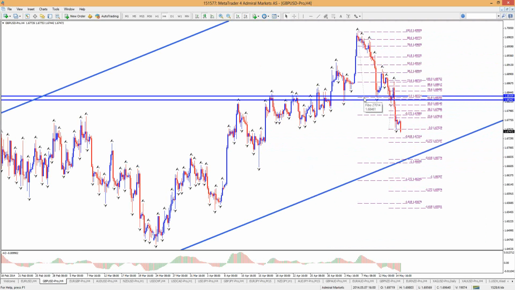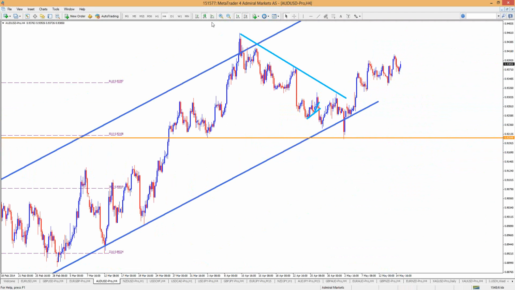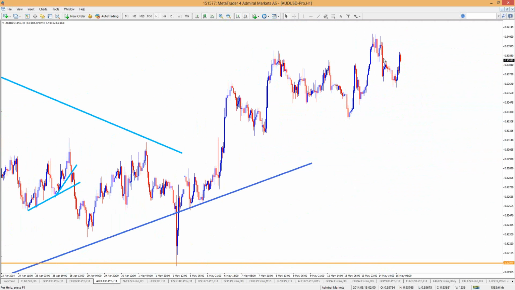And Bob is saying AUD/USD and AUD/JPY look close to being in the trigger. So let's take a look at those. AUD/USD made a bigger retracement than I was hoping for, took me out on the upside.